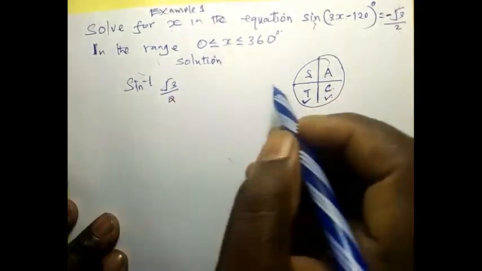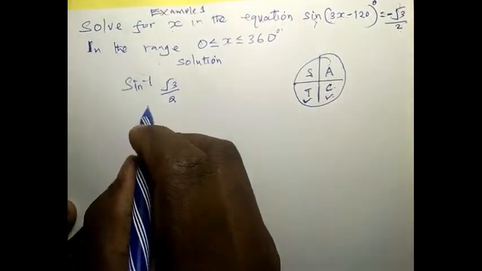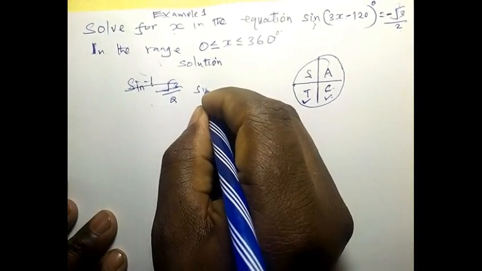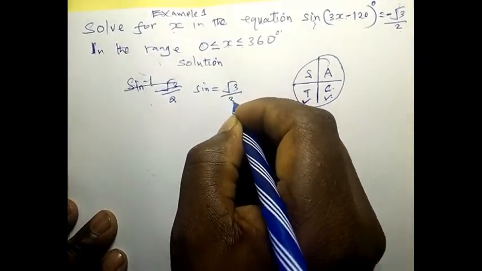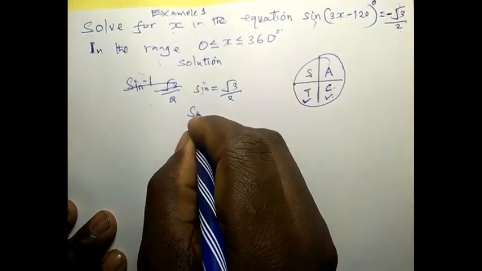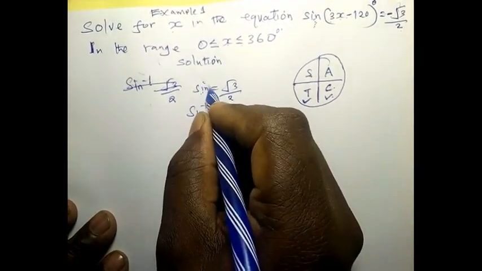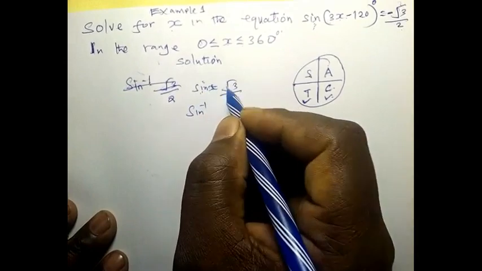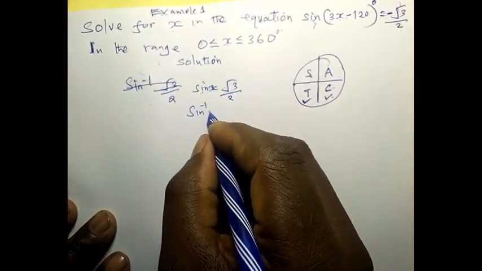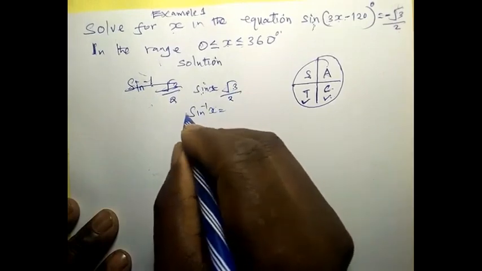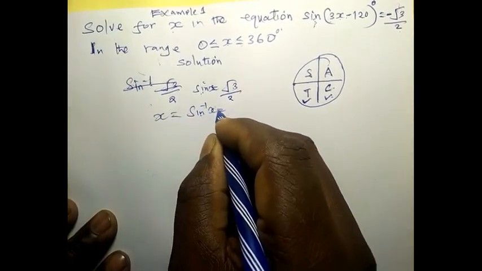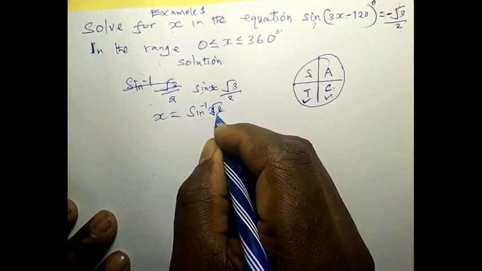So let us find the angle. How do you get the angle? If we have sine x equal to root 3 divided by 2, then to get the angle it is sine inverse. x will be sine inverse of root 3 divided by 2.